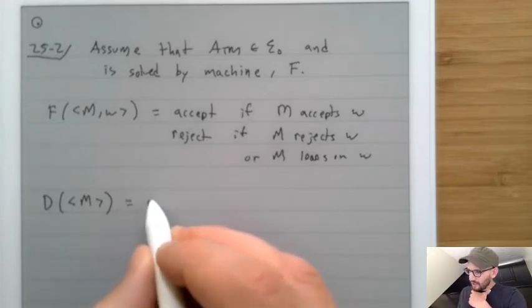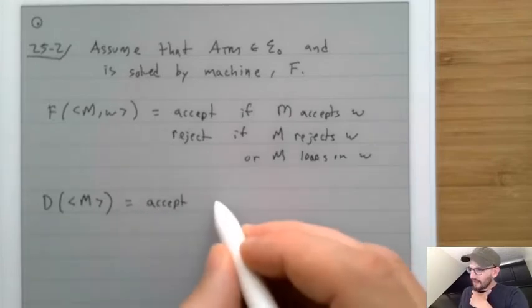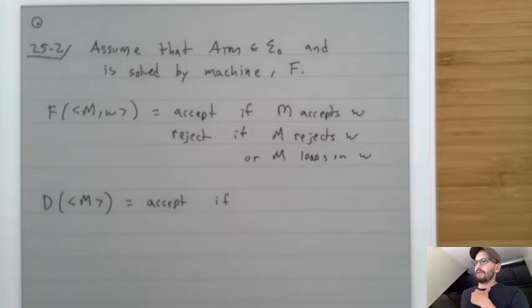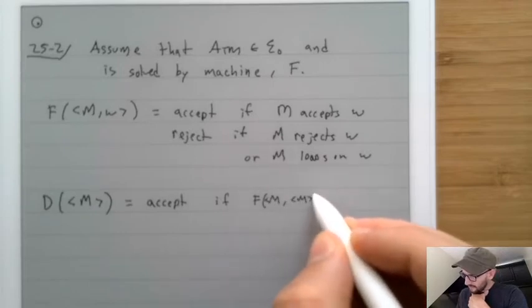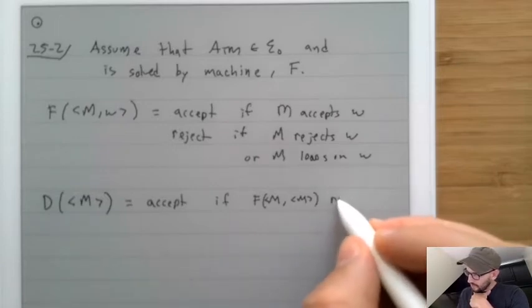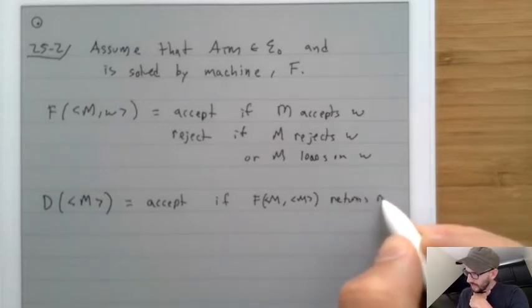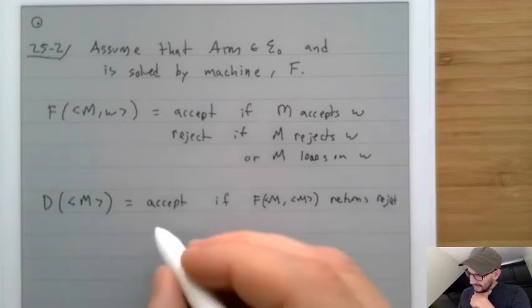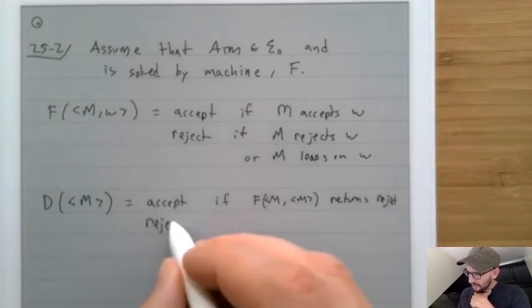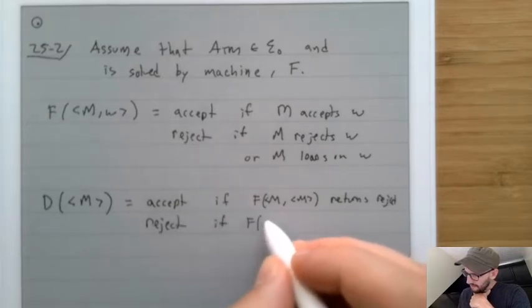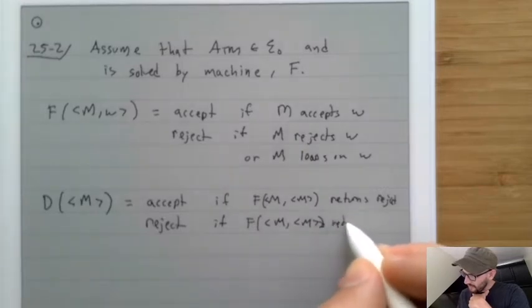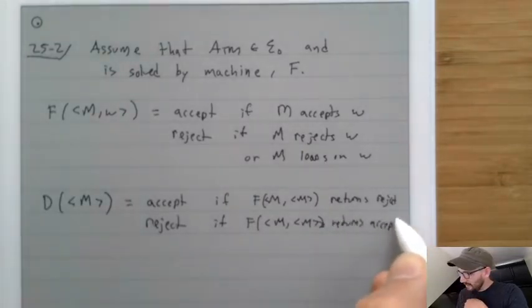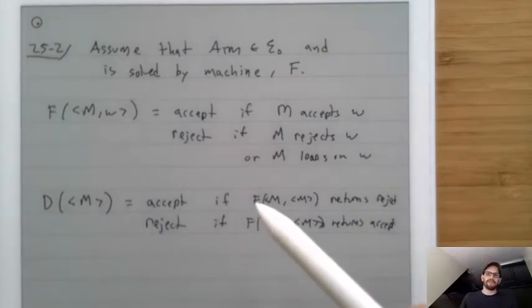It is going to return accept if F of M returns reject, and it's going to return reject if F of M returns accept.